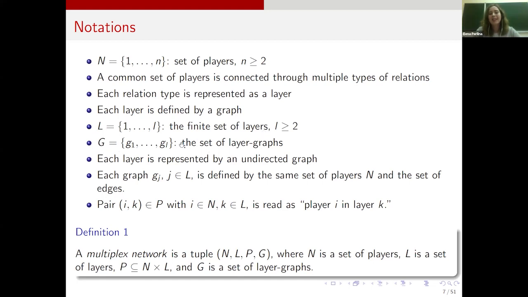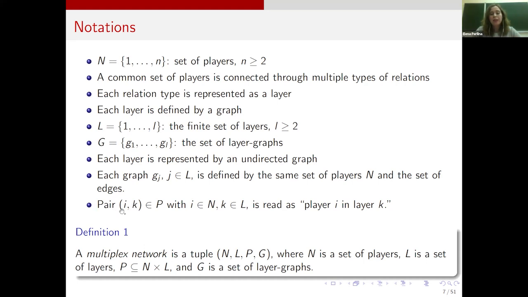This set of layer graphs is capital G. These graphs are given. Each layer is represented by an undirected graph in our model, and each graph is defined by the same set of players and a possibly different set of edges.